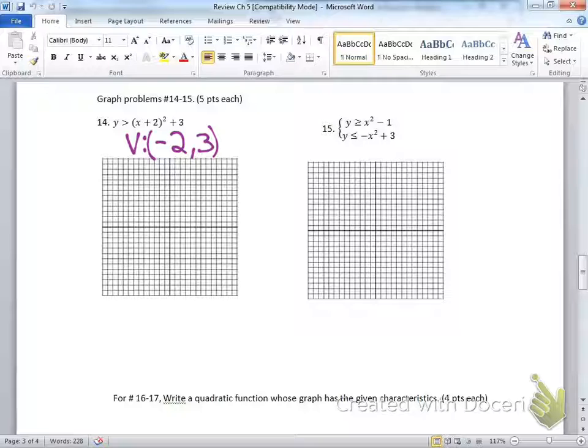All right, so negative 2, 3. And then we graph this just like we did on the front. The only difference is solid, dotted, and then you got to test a point. Okay? So same idea. We're going to do an XY chart.